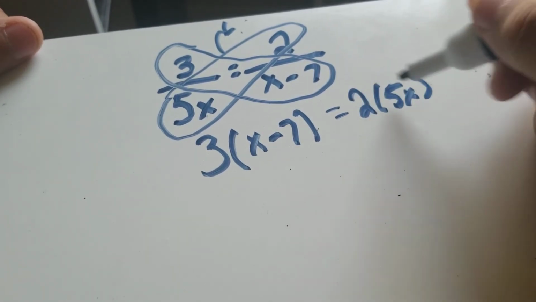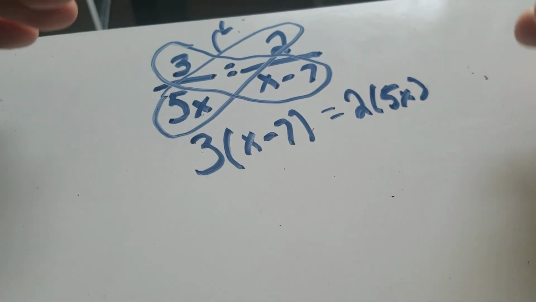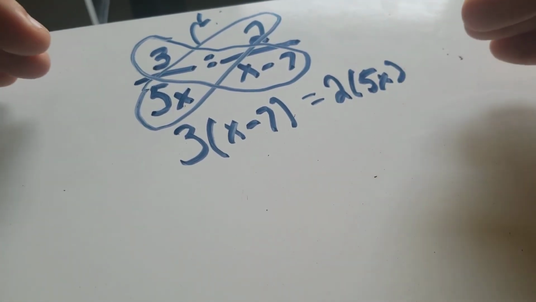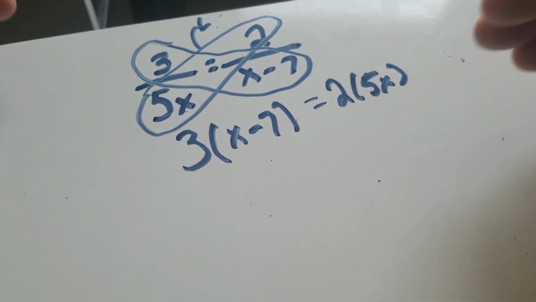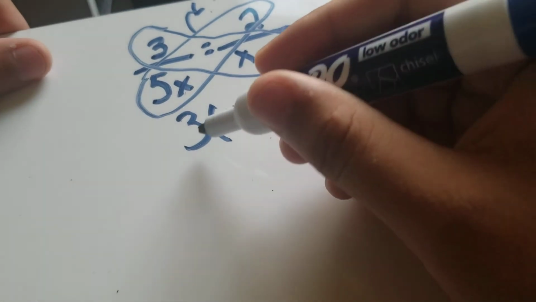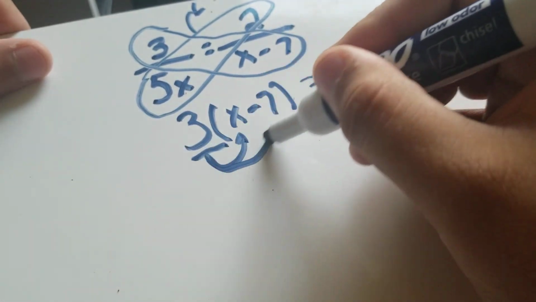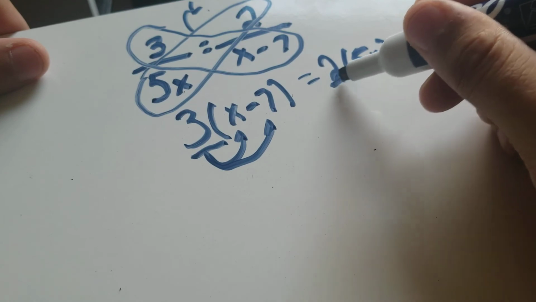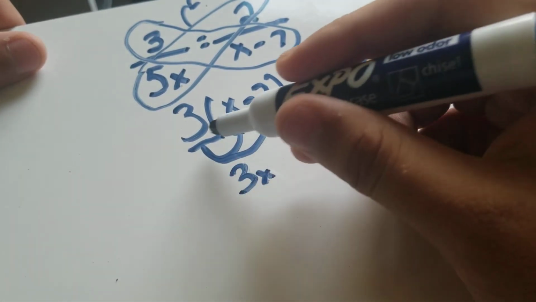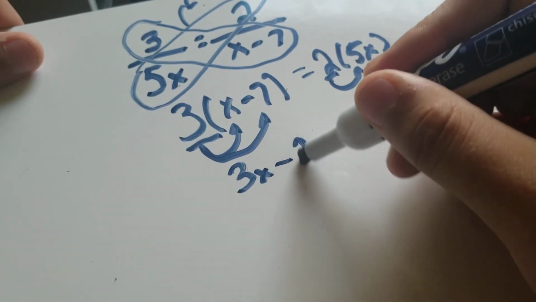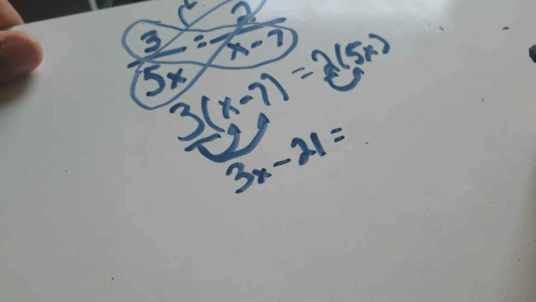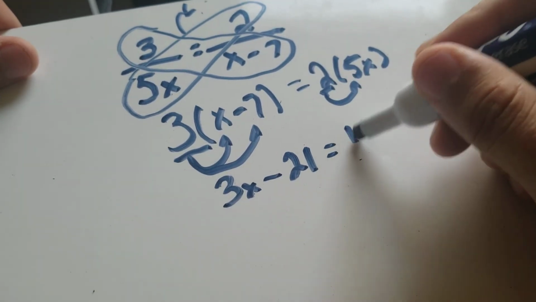Now, I could do that all in one move and just say it's 10x, and you are allowed to do that, but I like doing it one step at a time so you don't make a mistake. So we take this 3 and multiply here, and we take this 2 and multiply here. 3 times x is 3x, and 3 times negative 7 is negative 21. Over here, 2 times 5 is 10x.